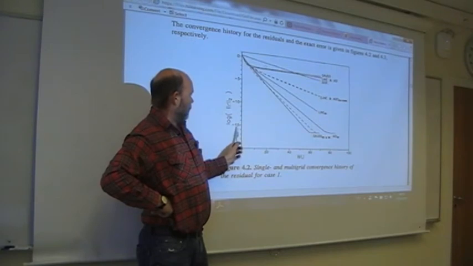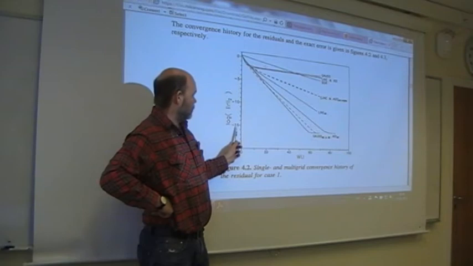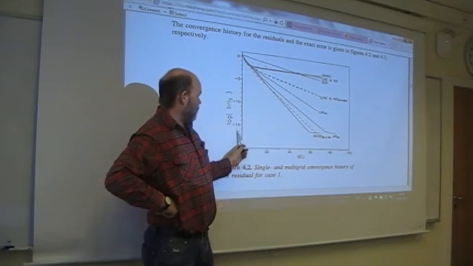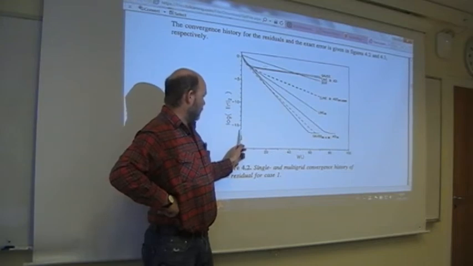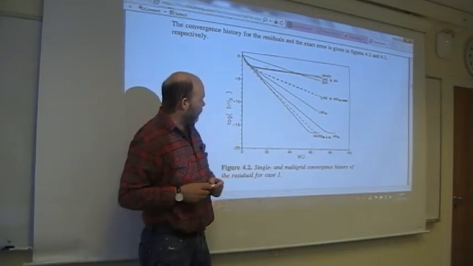Here you can think of this as roughly the number of digits in your solution. In double precision you have 16 digits, so you can't get below minus 16 here.